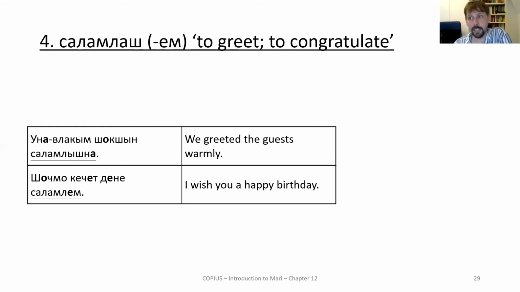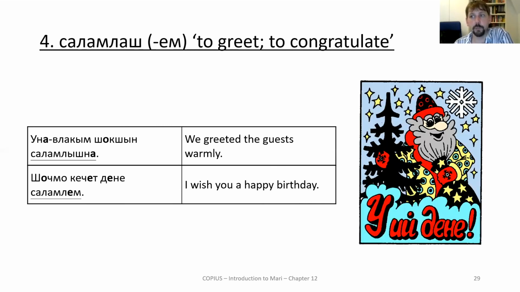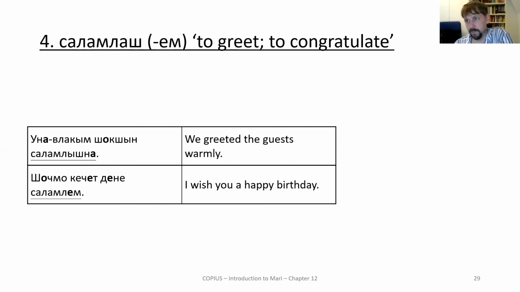And just as it is the case in Russian, if you are wishing somebody a happy new year, for example, or new year being in the Russian context the counterpart of Christmas, literally the whole sentence would be U I dene salam lem, I greet you with the new year.